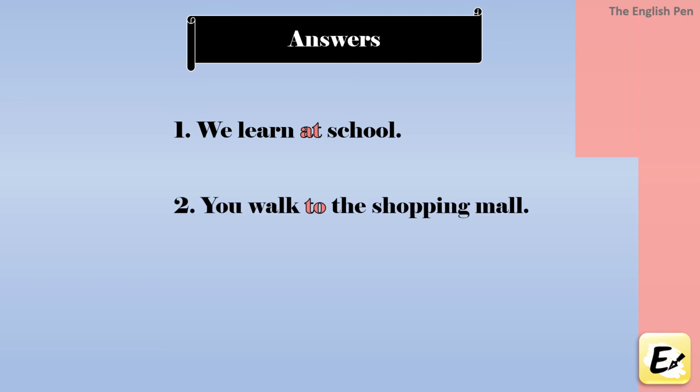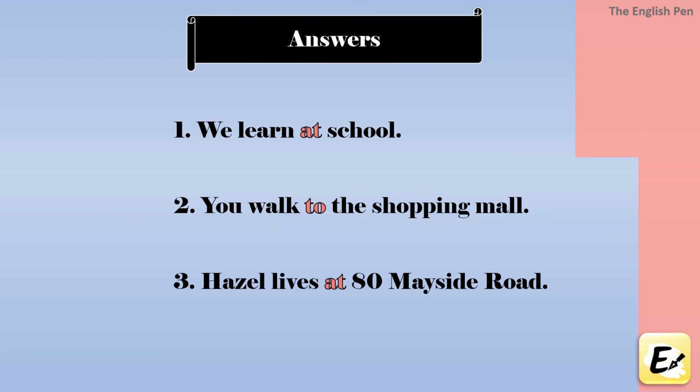Walk is a verb that shows movement. The subject is moving, so the preposition is to. Number 3. Hazel lives at 80 Mayside Road. Lives is not a verb of movement in the sentence. Hazel stays at 80 Mayside Road, so at is the correct preposition.